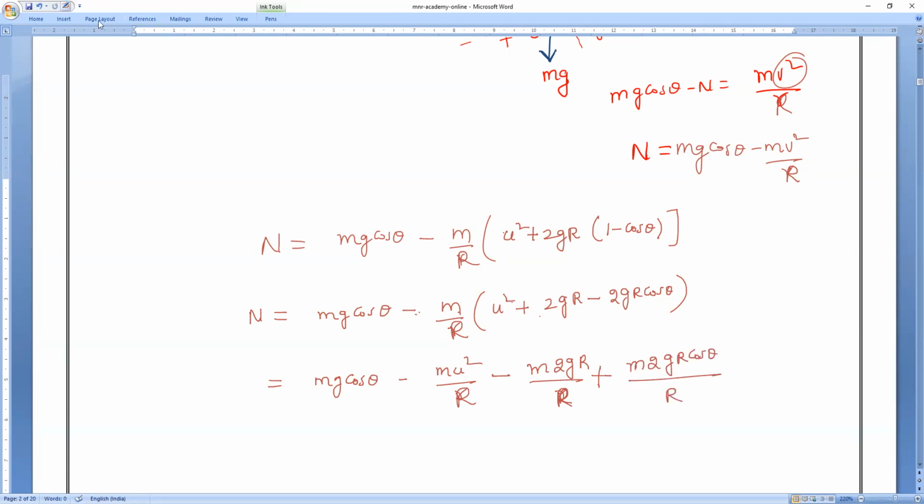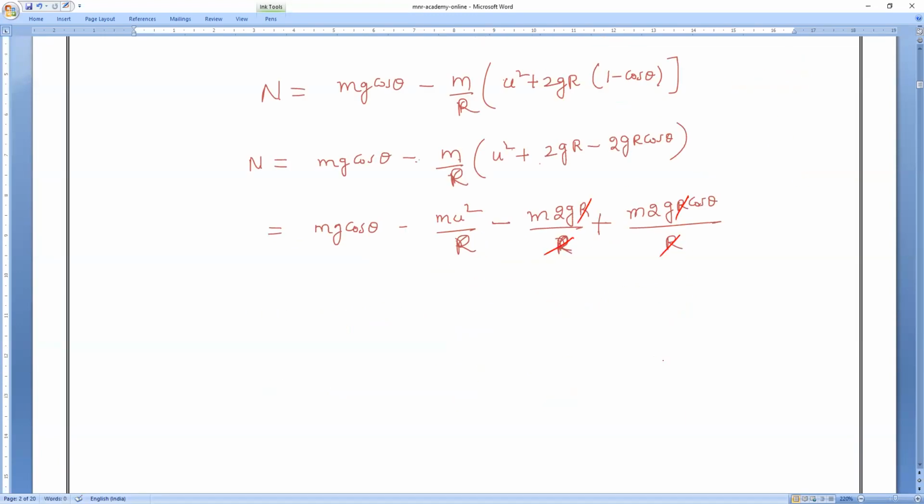So if you all notice here, R and R will get cancelled. So what is the final answer? All of you check it. So normal reaction N is equal to, what will happen, everybody? mg cos theta, next minus m u square by r minus 2mg, plus 2mg cos theta.